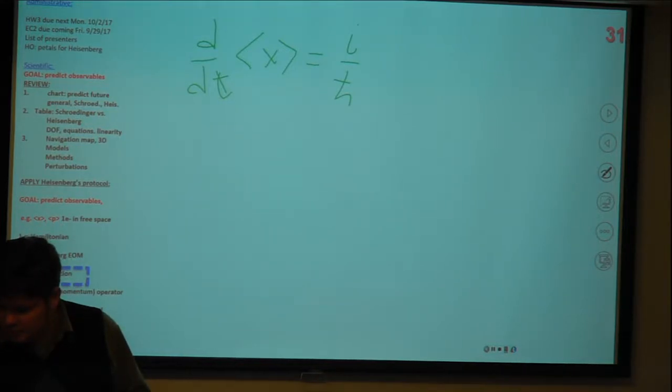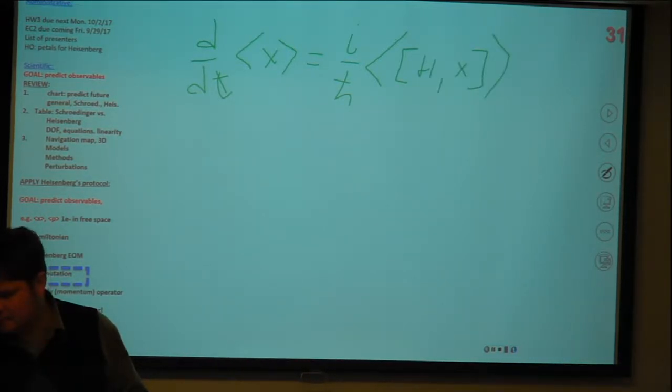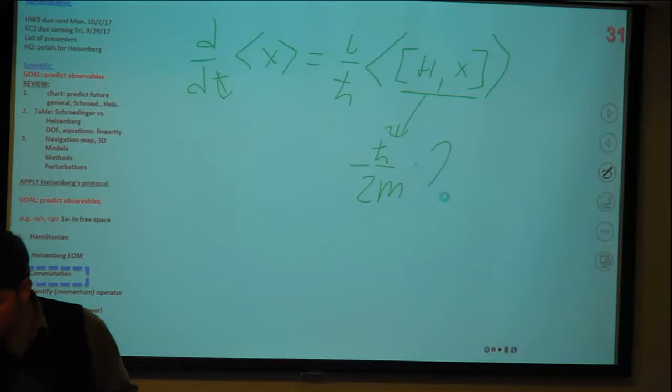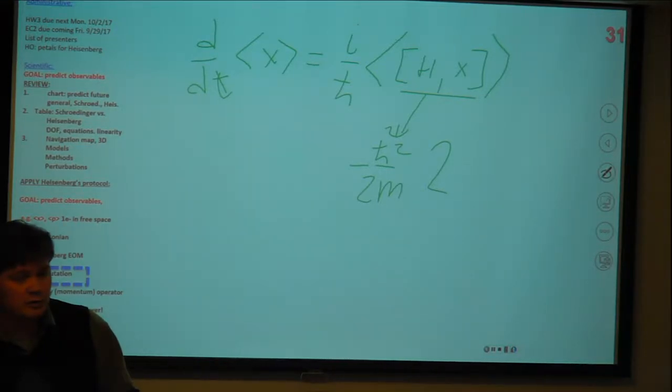And then we do have this commutator of Hamiltonian with x, which we just found. This commutator will be minus h bar squared over mass, right? Times 2 times what? What did you get on the last slides? The position derivative of the wave function. Yes, dx.